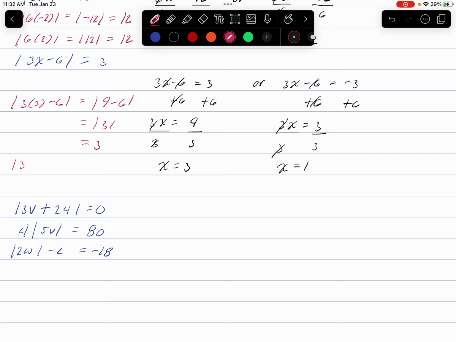If we have 3 times 1 minus 6, we get just 3 minus 6, which is the absolute value of negative 3, which just gives us 3 as well. So that also makes sense. So both x equals 3 and x equals 1 will work here.